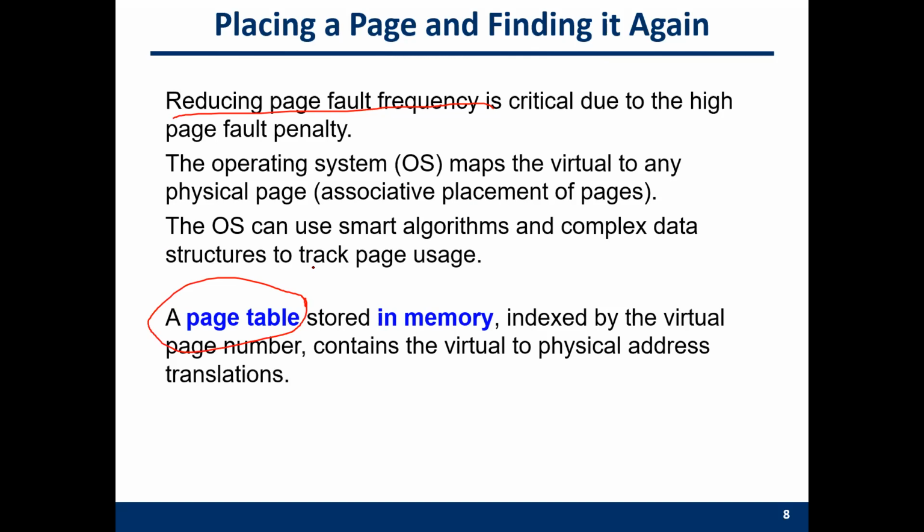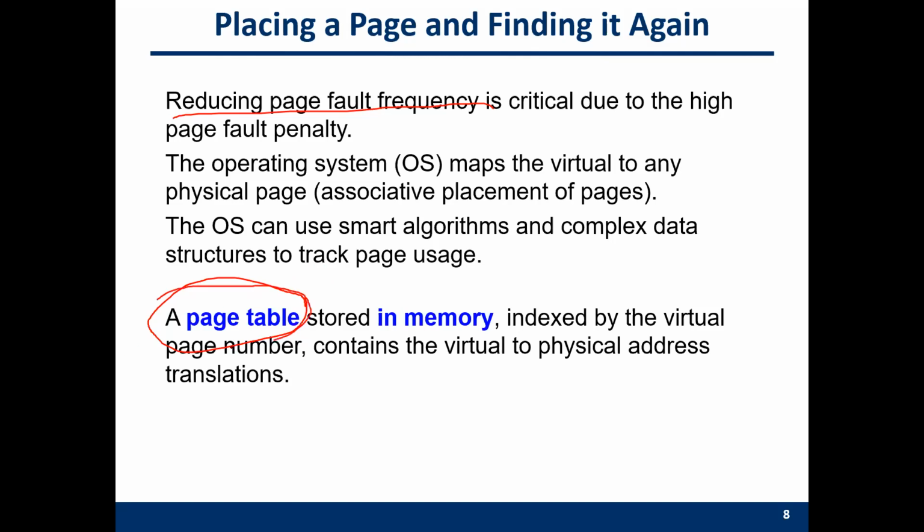Besides the real virtual pages, a page table for each application is also stored in the main memory. This is so-called overhead, because it is a data structure that helps the operating system track the usage of the pages.